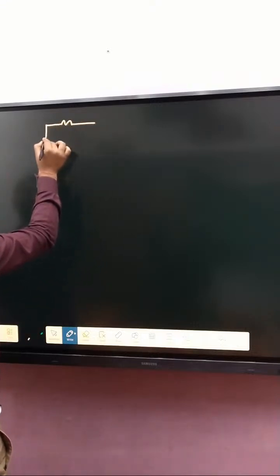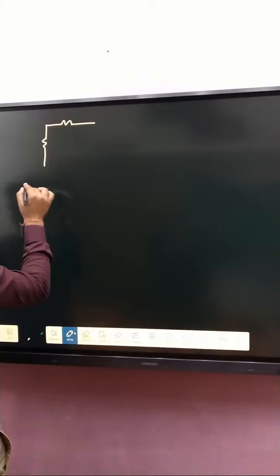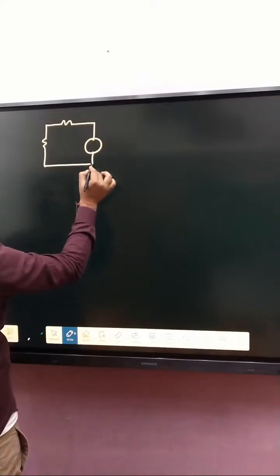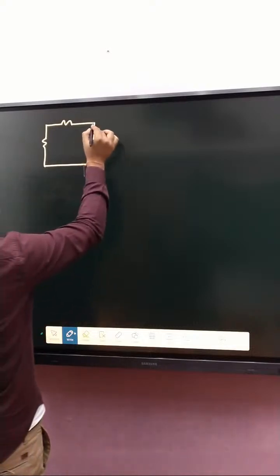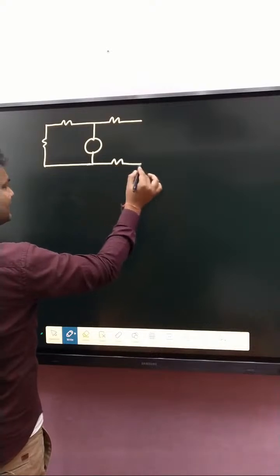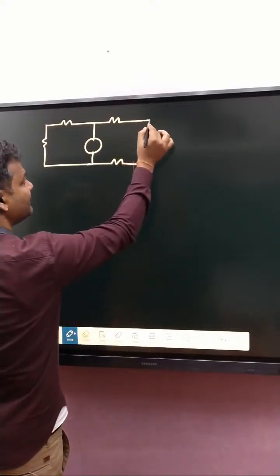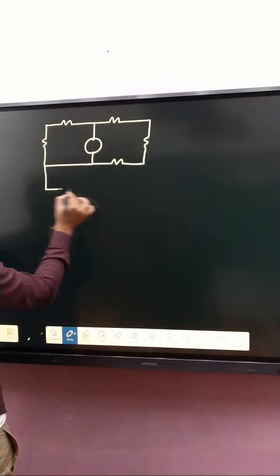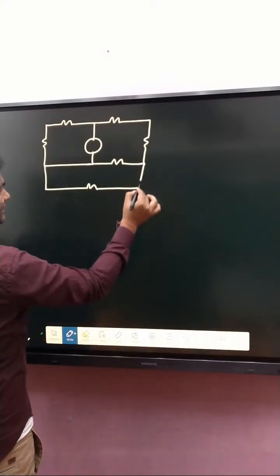That is 1 kilo ohm, that is 3 kilo ohm, and here a current source represented like that one, and that one is 2 kilo ohm, and another resistance like that one, and here 6 kilo ohm. After that another resistance connected here, that is how much?